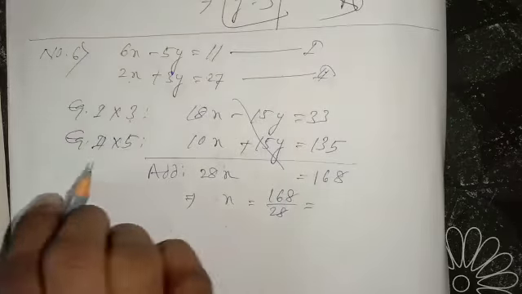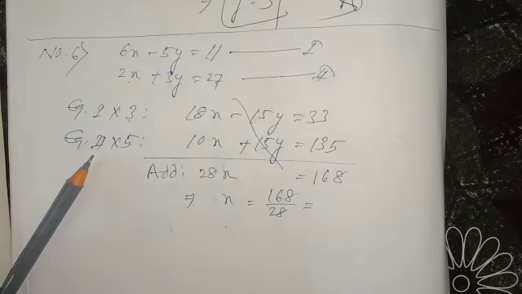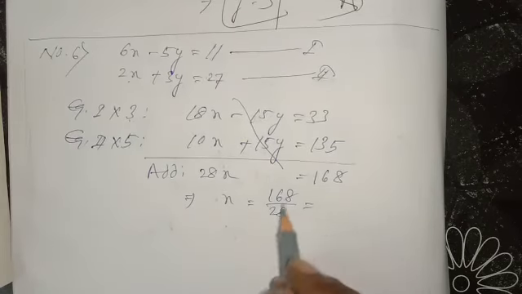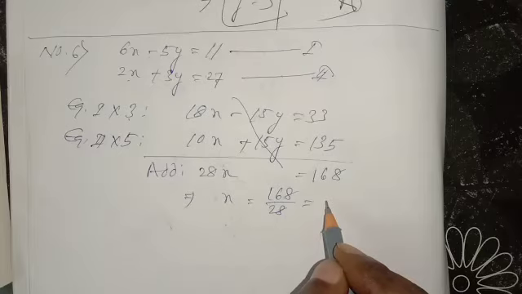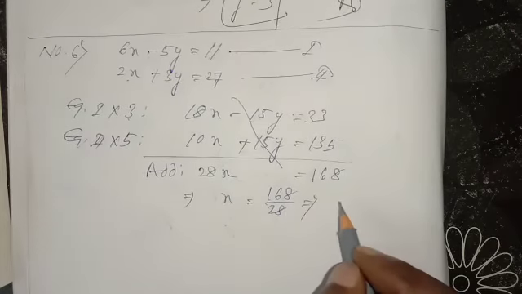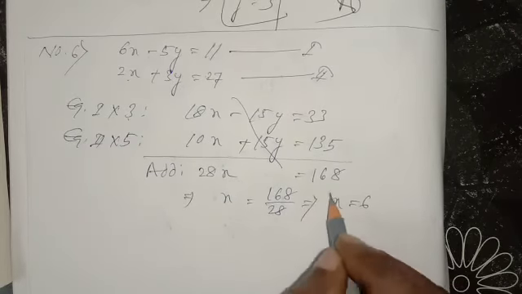Now just divide and tell the answer. 28 times 6 is 168, so the answer will be x equal to 6.